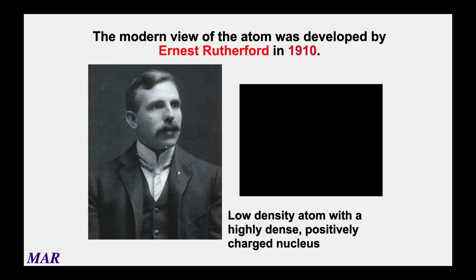Rutherford is one of my favorite scientists, and he was the one that created the modern idea of what exactly the atom is all about. He shot a type of radiation with a positive charge at gold. He used gold not because he wanted to show off or have bling, but because it can be made very, very thin, at least to our eyes. And he used a photographic plate around it to show what was happening.